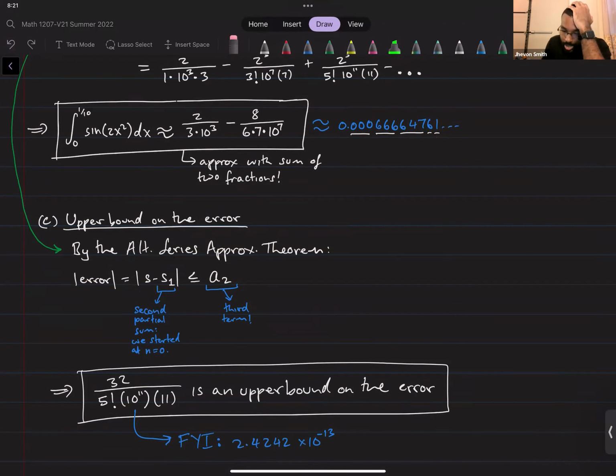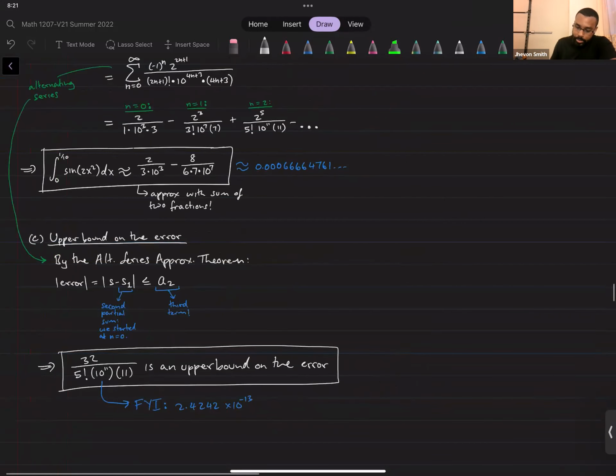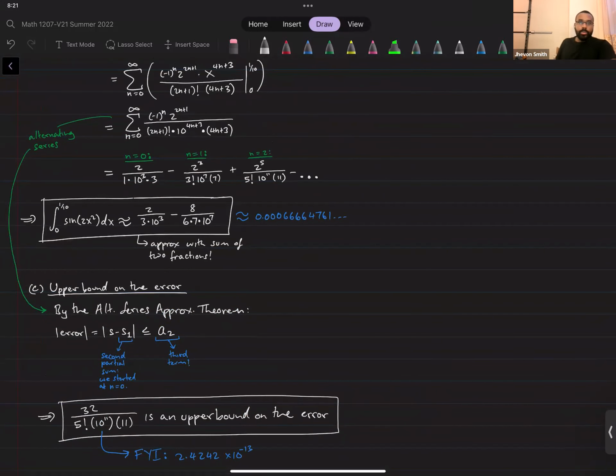Isn't that crazy? Just 2 fractions gets me close to the answer. It's the fact that I have sine of something and the angle is squared, and I'm not going that far. All those things contribute to getting me a pretty accurate answer with just 2 fractions. Me as a lowly human, I could actually compute this integral, which is impossible to integrate, and I'm good up to 13 decimal places.